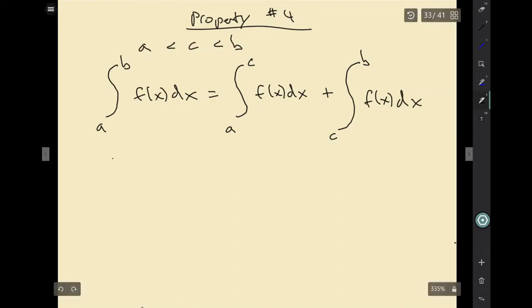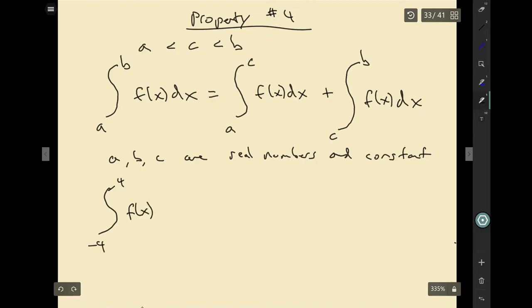And of course, a, b, and c are real numbers and constant. So if I had something like the integral from -4 to 4 of f of x dx, I could rewrite this as the integral from -4 to 0 of f of x dx plus the integral from 0 to 4 of f of x dx.